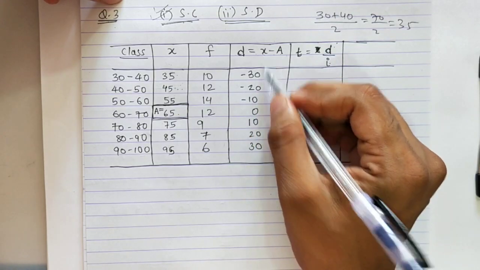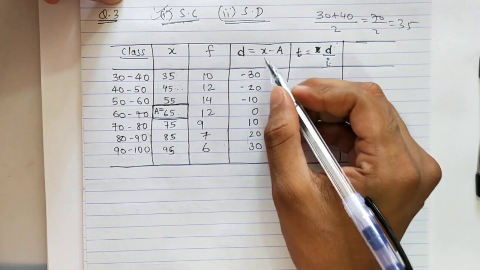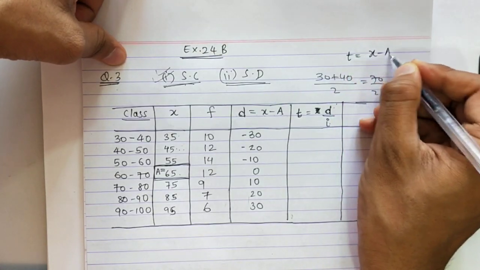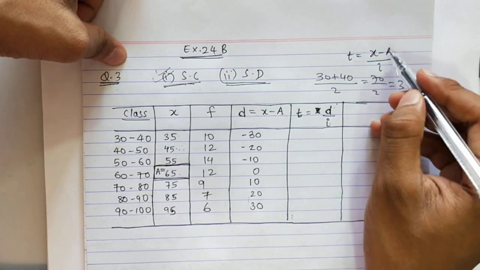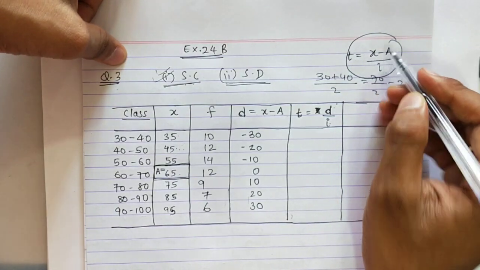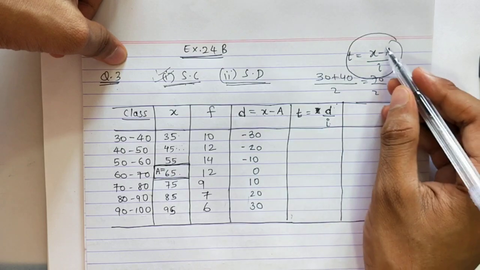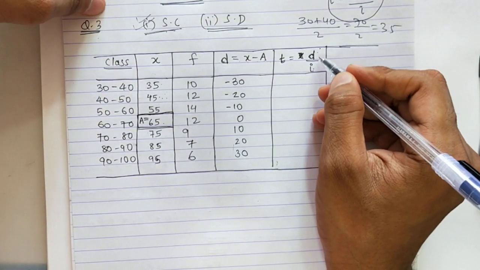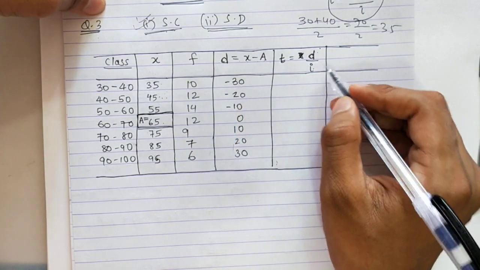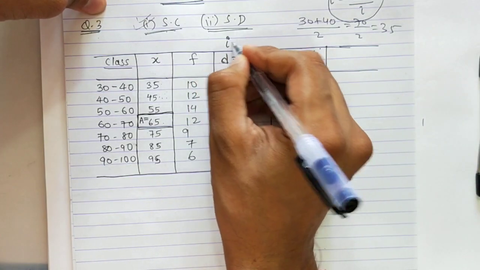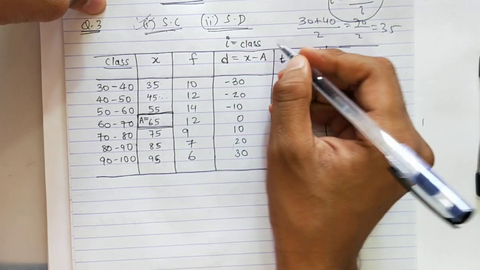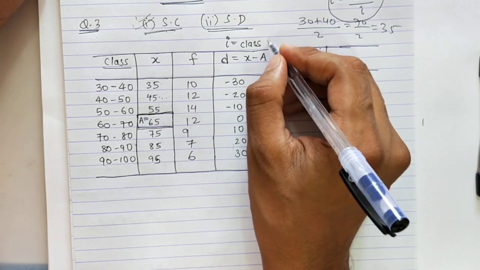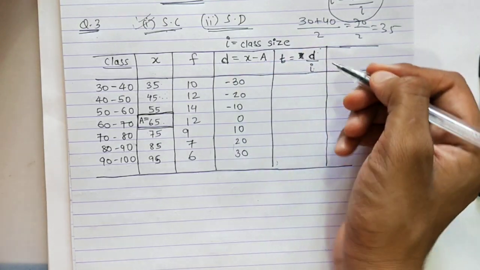D is these values, that is X minus A. The actual formula for T is X minus A upon I. So this X minus A is nothing but D, correct? So it is D upon I. Now what is D? Minus 30. What is I? I stands for class size.